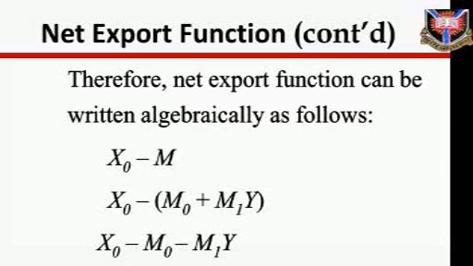Therefore, the net export function can be written algebraically as X0 minus M, that is, X0 minus (M0 plus M1Y), which we can expand as X0 minus M0 minus M1Y.